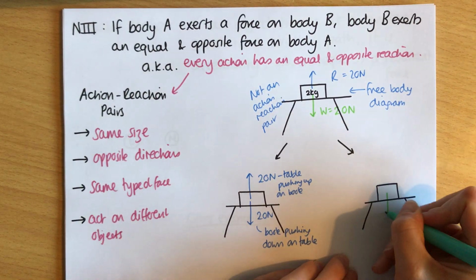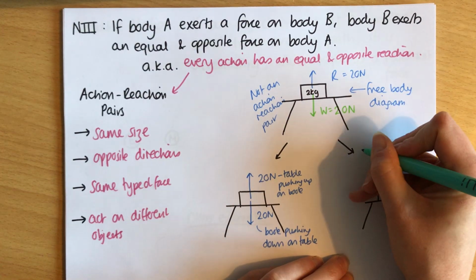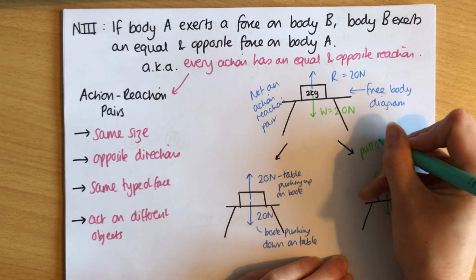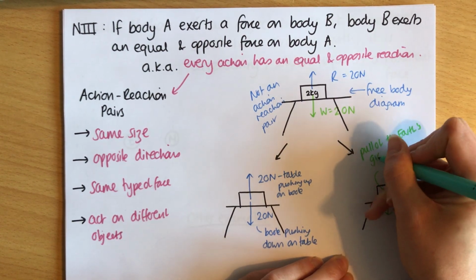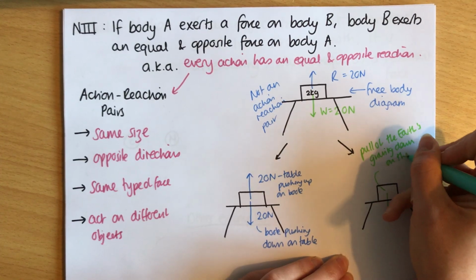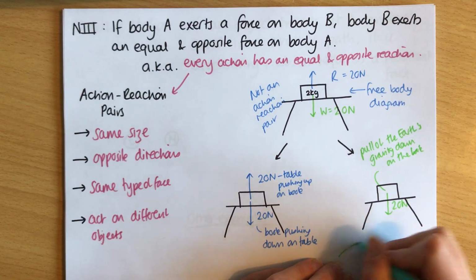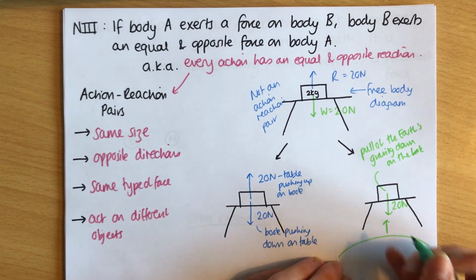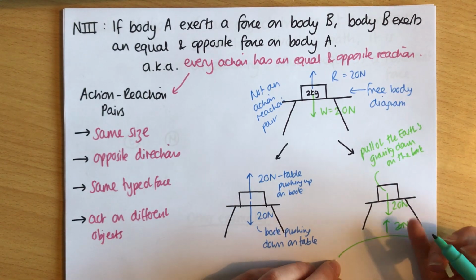So we've got weight here of 20 newtons. Now this is the pull of the Earth's gravity down on the book. Now that must be counteracted, this is on the Earth, with a force the opposite way, the opposite direction, but the same size.